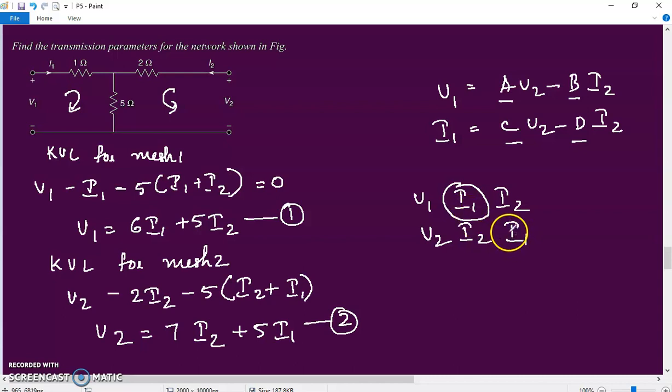We can take the value of I1 from the second equation, and you will get I1 in terms of V2 and I2. So from this equation, I1 is equal to (V2 minus 7I2) by 5. That is equation number 3.